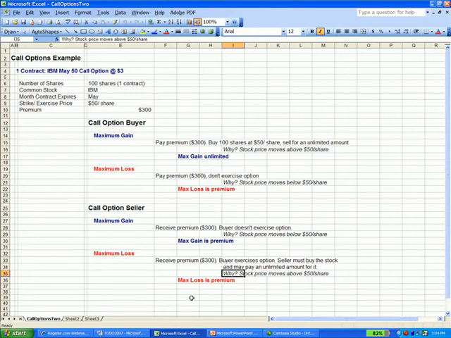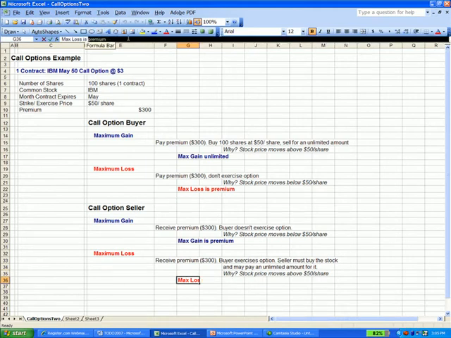So the maximum loss for the call seller is the premium. And in fact, there's going to be a one-to-one ratio between the buyer's gain and the seller's loss, or vice versa. If the buyer has an unlimited gain, the seller has an unlimited loss. I'm going to change that in the explanation here.